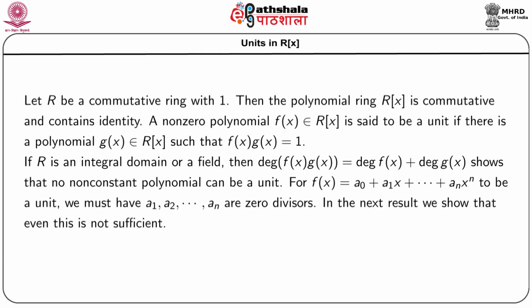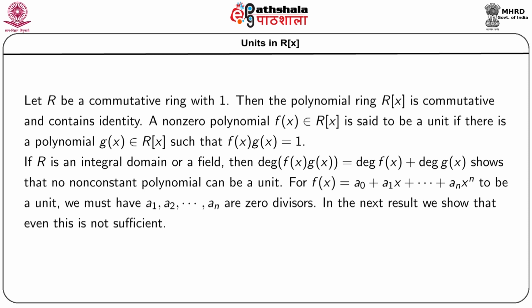Consider a non-zero polynomial f(x) over R. If it is a unit, then we have another polynomial g(x) in R[x] such that their product becomes 1. If R is an integral domain or a field, then we know that the degree of f(x)g(x) is equal to the degree of f(x) plus the degree of g(x), and hence it shows that no non-constant polynomial can be a unit.